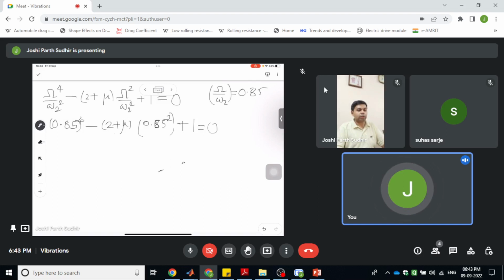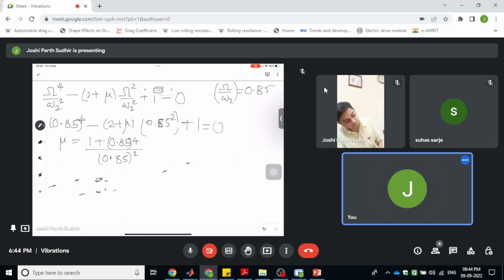So now we can solve this equation to get the value of mu, which is basically the ratio of mass of the absorber to the mass of the machine. So we will get mu is equal to 1 plus 0.85 to the power 4 divided by 0.85 square minus 2.